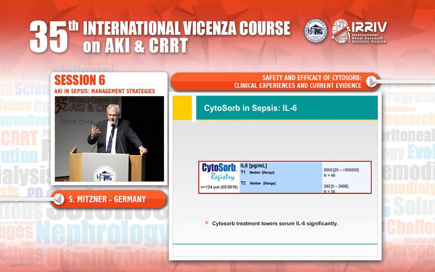And if we ask this registry that I introduced to you, then again we have the same signal: pre and post treatment, a decrease from a mean of 5,000 picogram per milliliter to less than 300, which basically adds to this evidence.